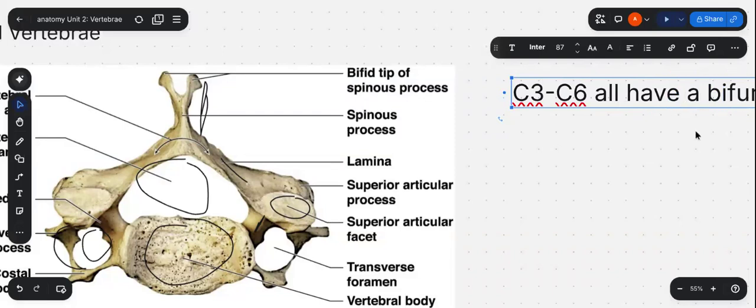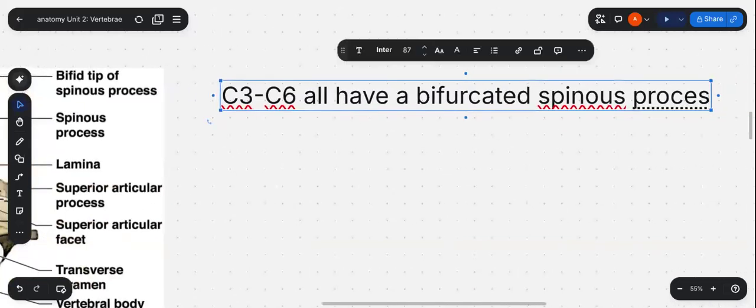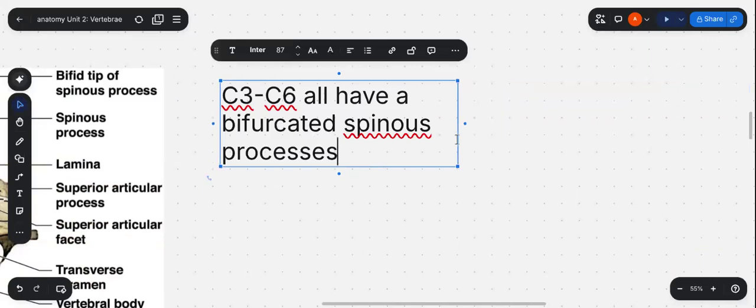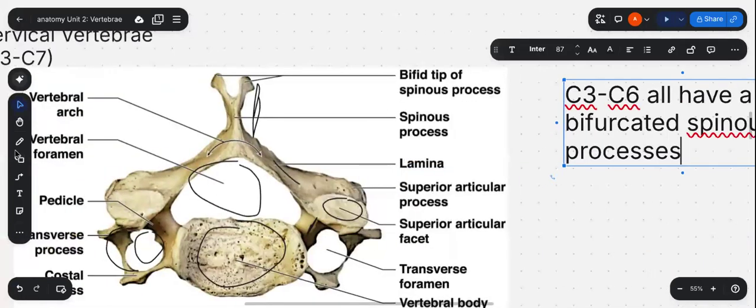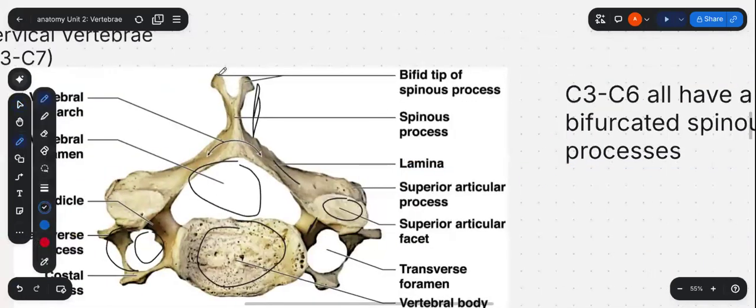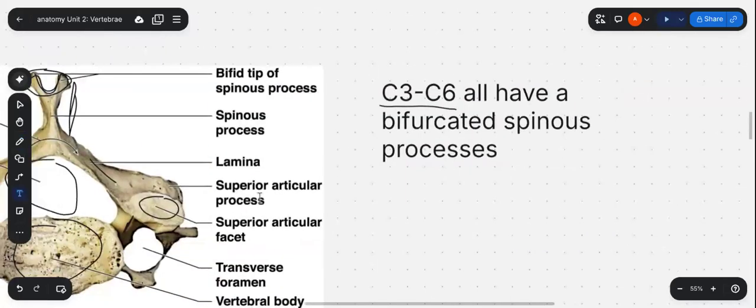A bifurcated spinous process basically means that the spinous process is going to have kind of this camel hump. So it has this U shape in between it, and it makes these two little humps over here. That is what it means to have a bifurcated spinous process. And that is only on C3 to C6.